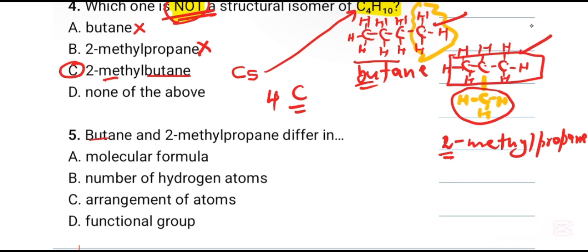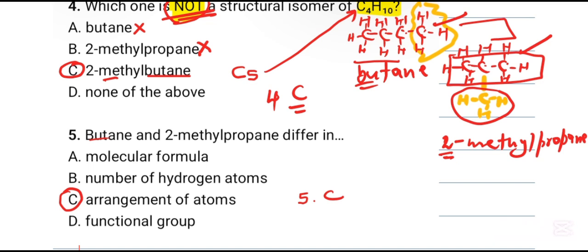There is a branch, which means the arrangement of atoms is not the same. So the correct answer here is C, the arrangement of atoms or different types of chains. So for number 5, the answer is C. Okay, then we are done with this one.